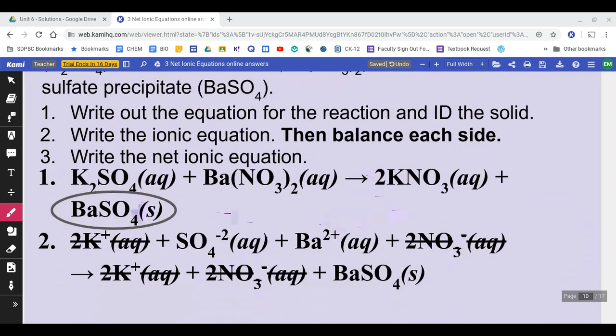We can cross out the things that are redundant. There's 2 potassiums on each side, so we cross those out. I already did it here. There's 2 NO3s on each side, so those get crossed out. So take a second and think about what is the net ionic equation here.